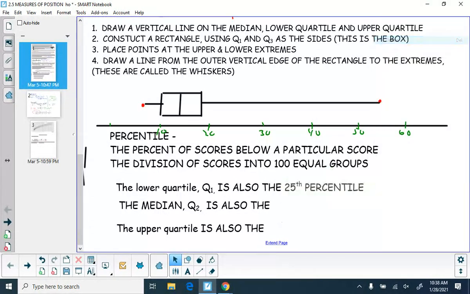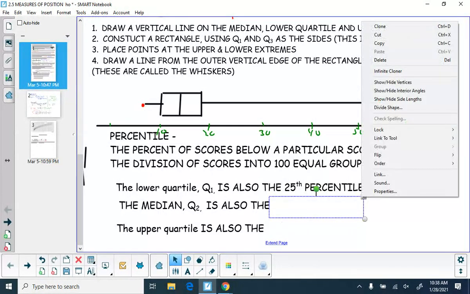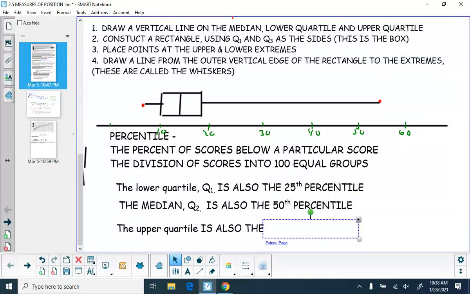Basically, with a percentile, you're divided into 100 groups. The lower quartile, Q1, is also called the 25th percentile. That means 25% of the scores are below your score. Median would be the 50th percentile. And the upper quartile would be the 75th percentile.